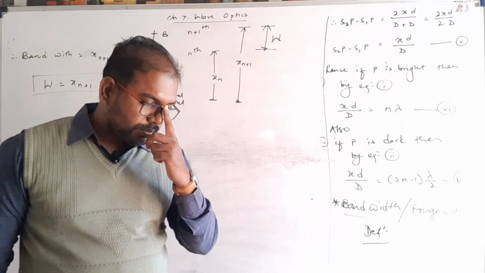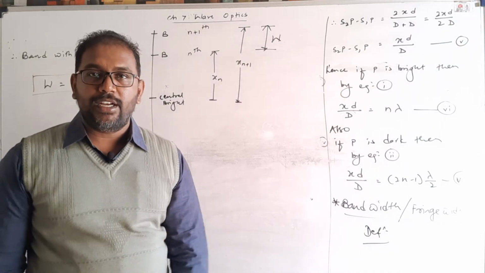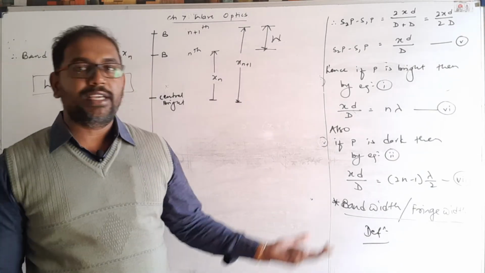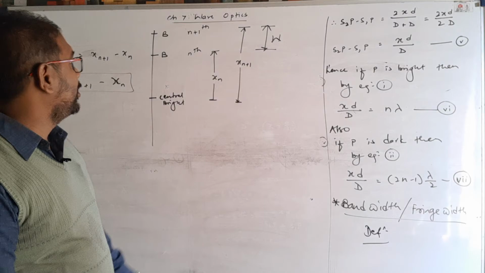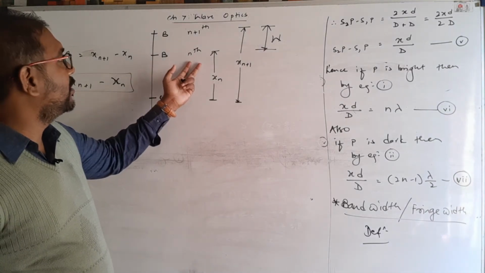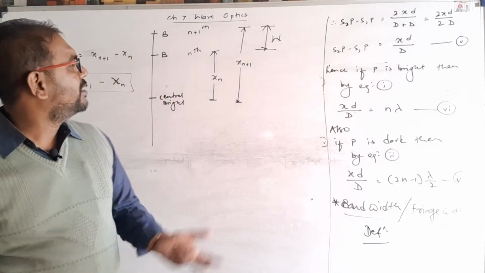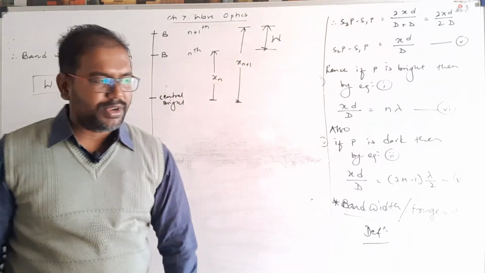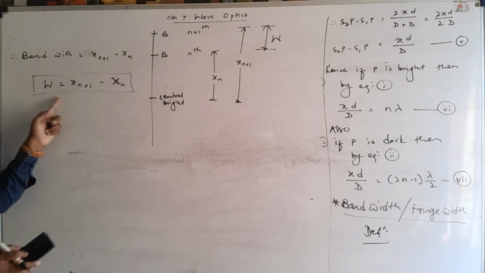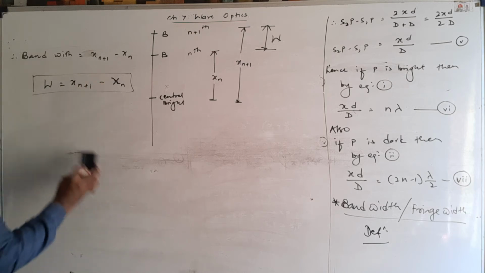Now I will derive the bandwidth by considering two cases, a bright point and a dark point. For the bright point I consider the nth and n plus 1th. When considering a dark point, we can also consider the nth and n plus 1th dark points. Remember this formula: xn plus 1 minus xn is the bandwidth.